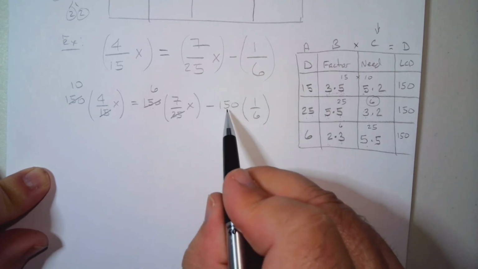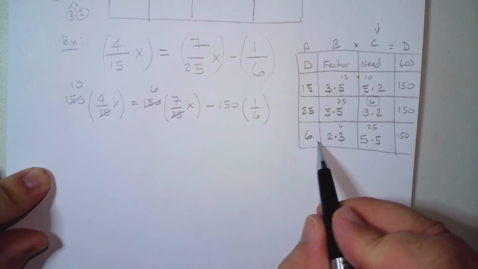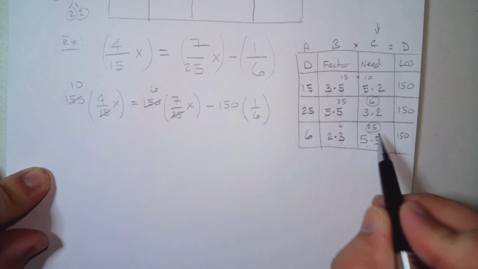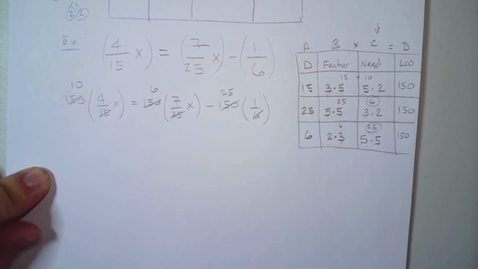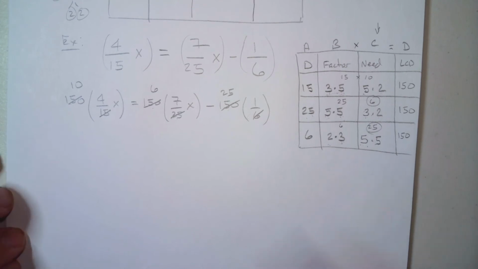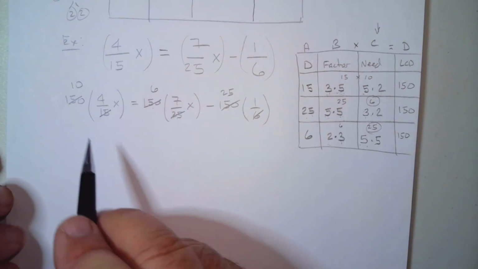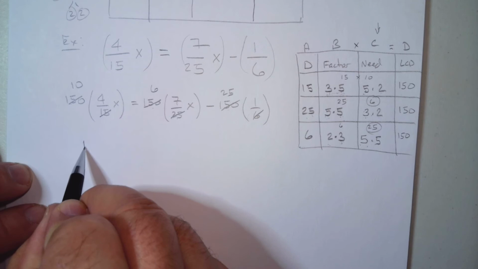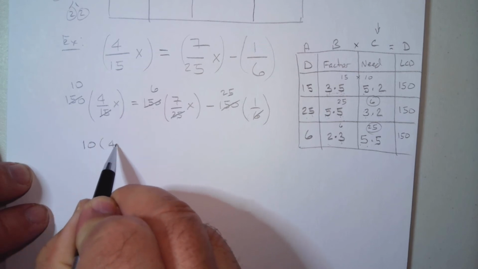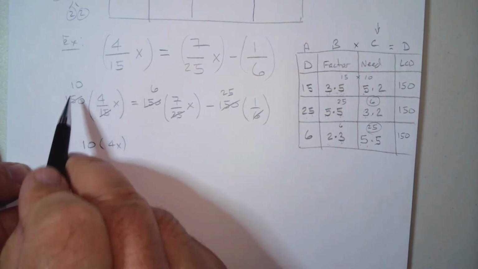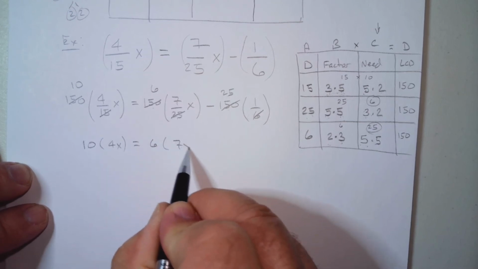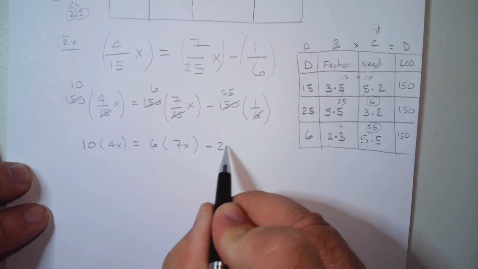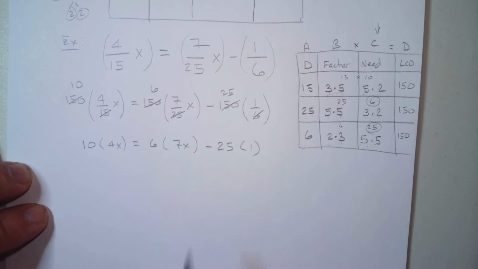How many times does 6 go into 150? It goes in there 25 times. So by using this, it tells us what our coefficients are going to be. So it's 10 times 4x equals 6 times 7x minus 25 times 1.